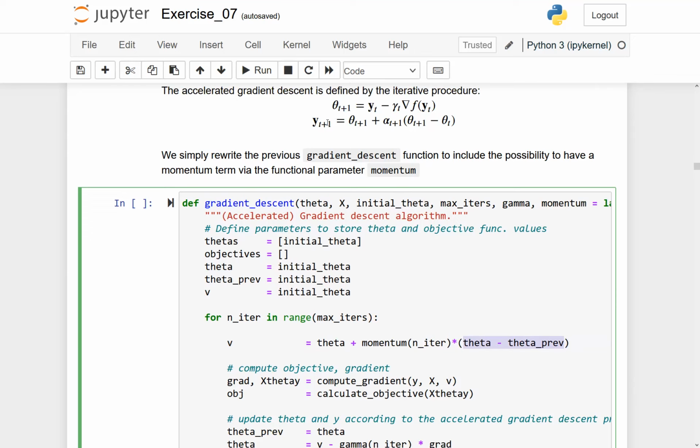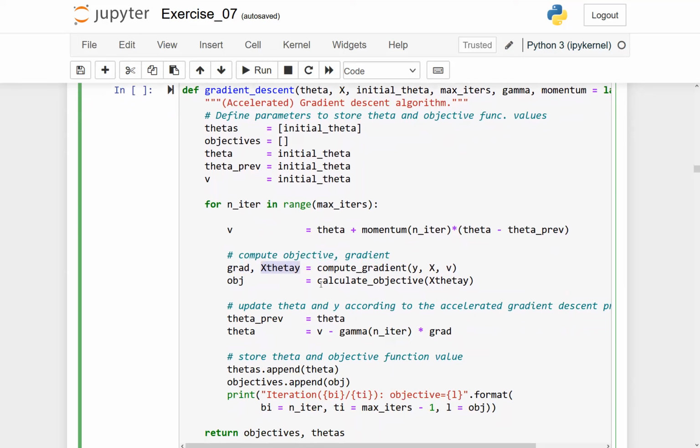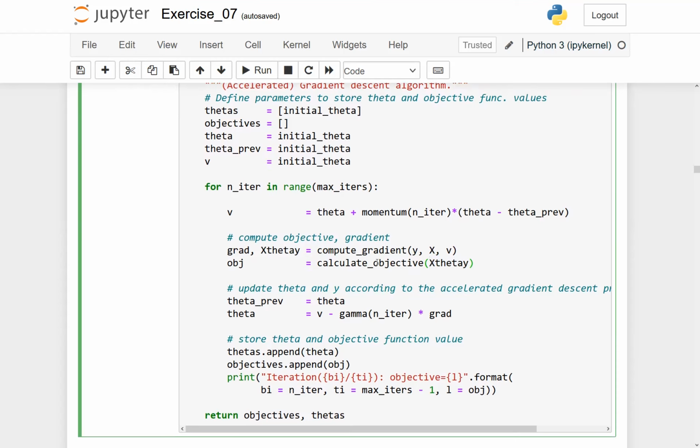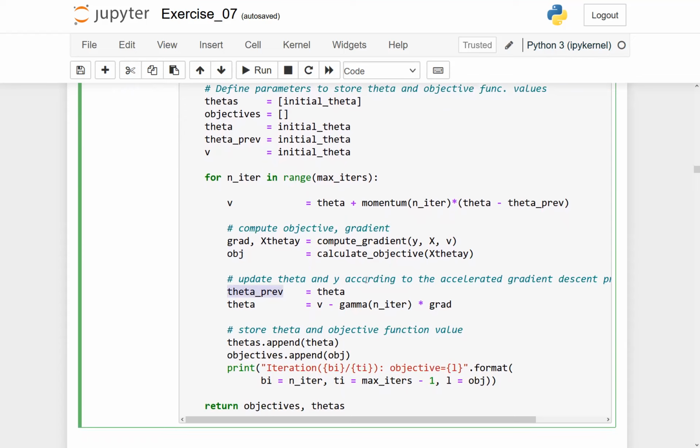We compute the gradients with our compute gradient function. We get the gradient, we get this x theta minus y vector, which is x times theta minus y, which we plug into the calculate objective function. This is the convention we use to get the objective value. The previous theta is now the theta we have right now, and we update the theta by means of the rule of the accelerated gradient descent.